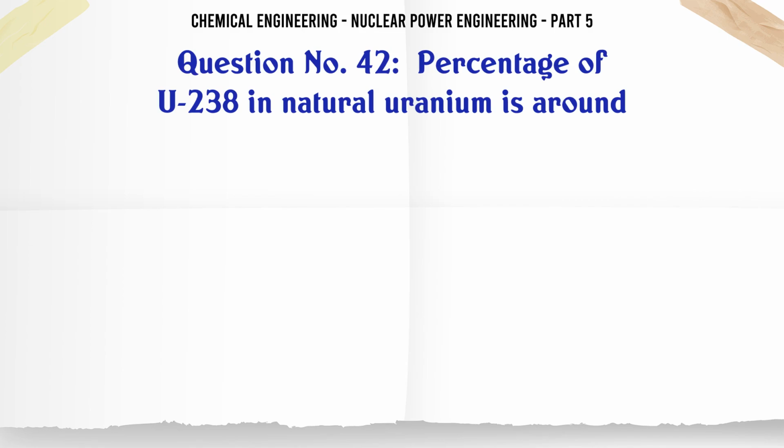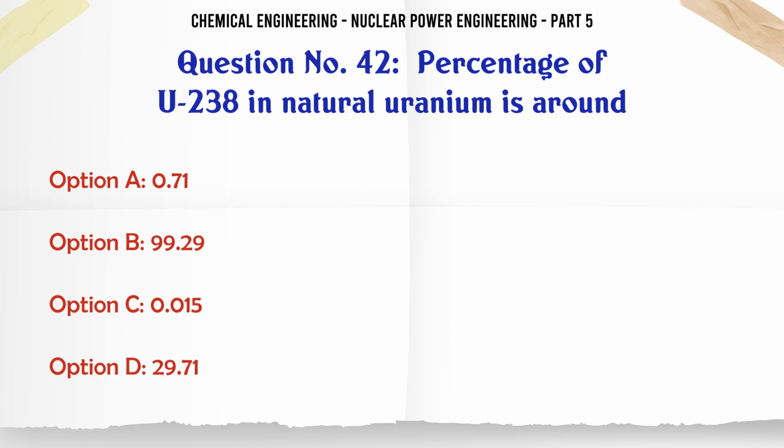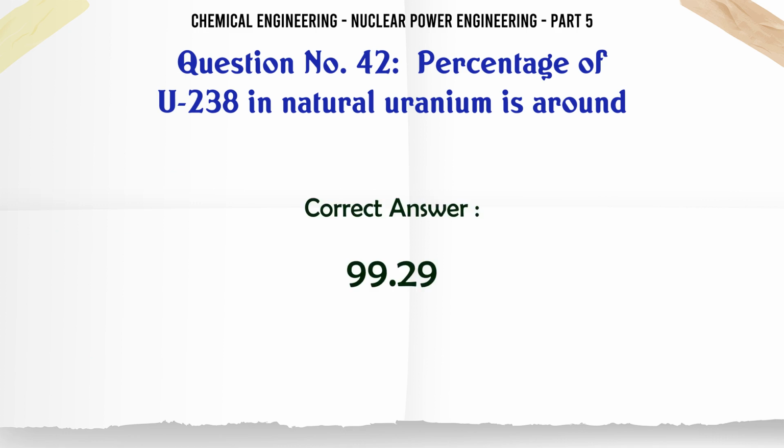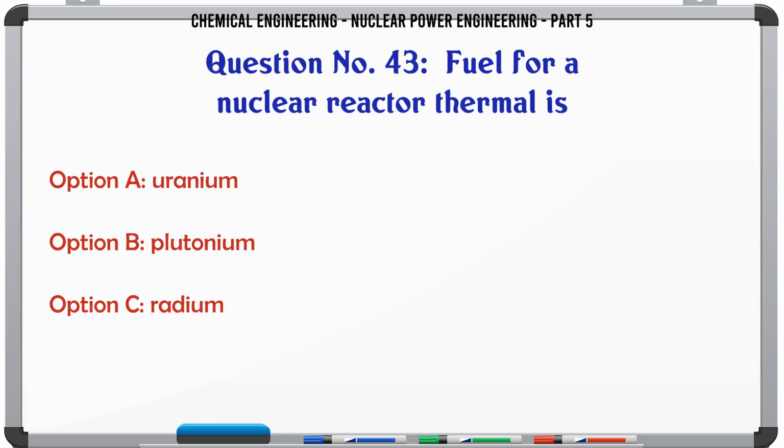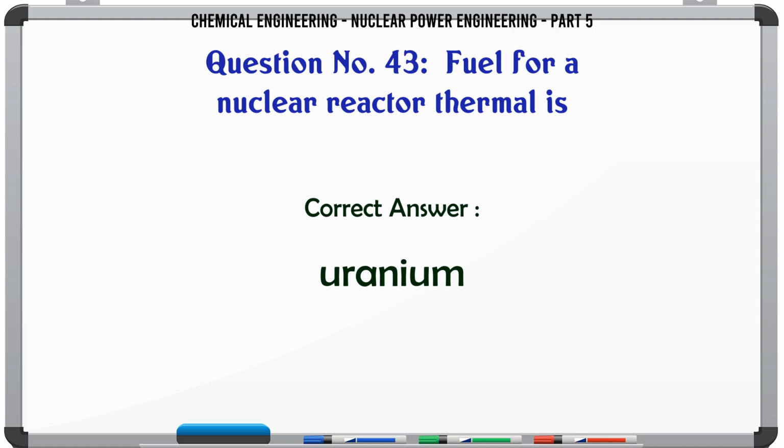Percentage of U238 in natural uranium is around A. 0.71, B. 99.29, C. 0.015, D. 29.71. The correct answer is 99.29. Fuel for a thermal nuclear reactor is A. uranium, B. plutonium, C. radium, D. none of these. The correct answer is uranium.